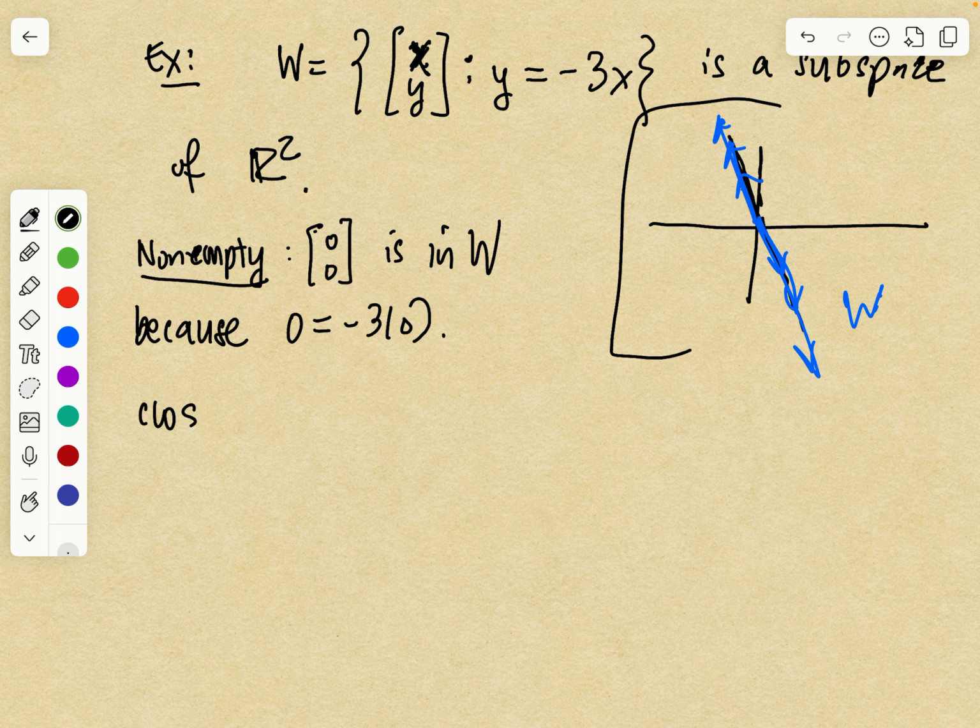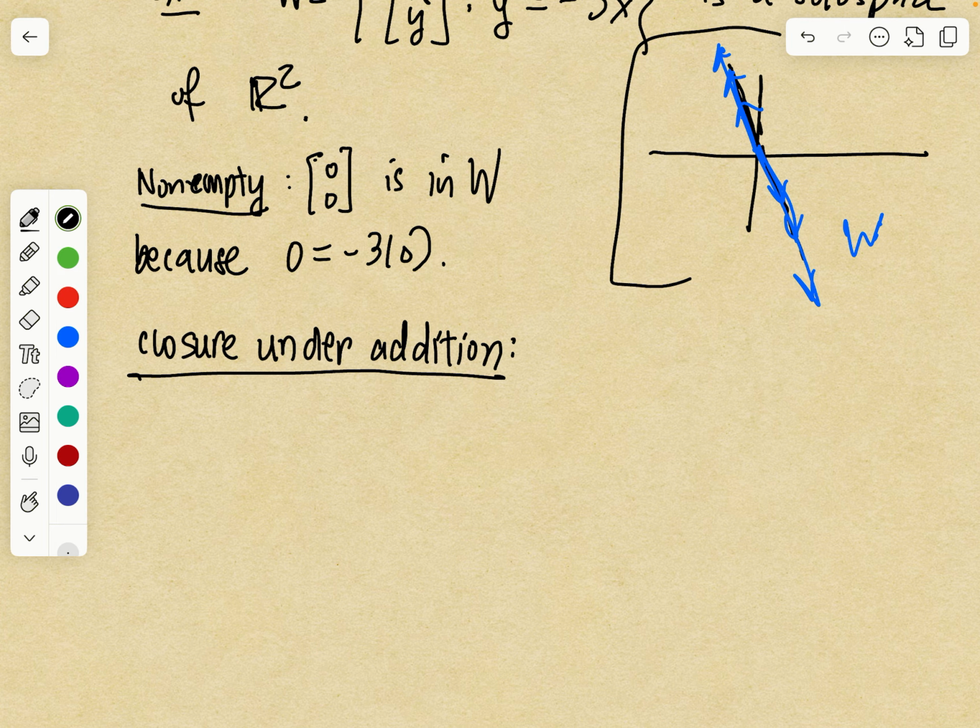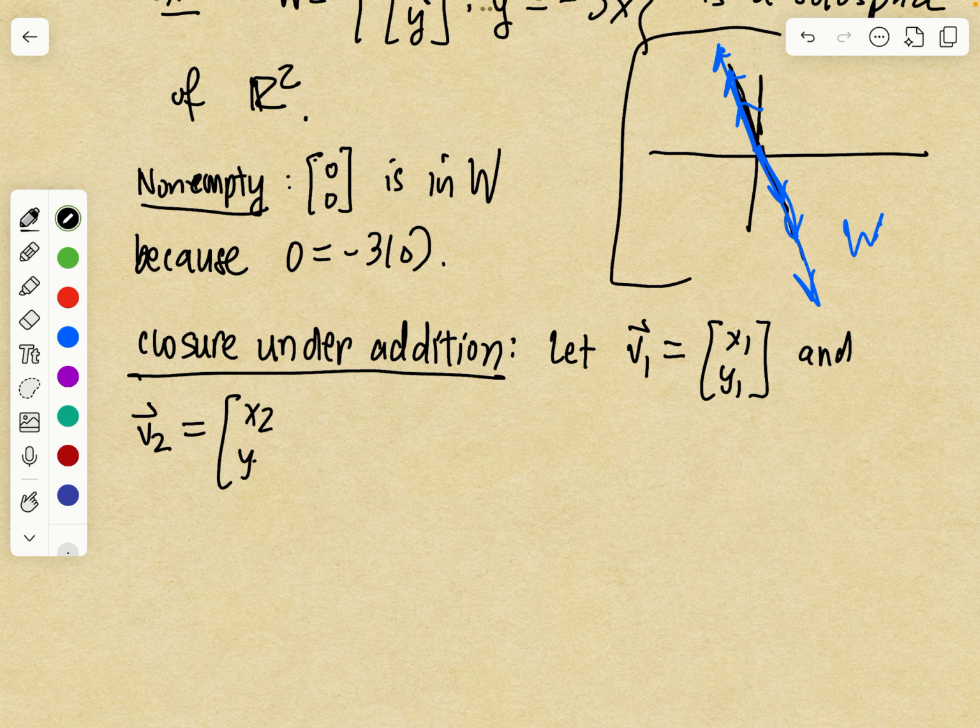Now the next thing we need is closure under addition, which means that whenever you add two vectors in W, the result is also in W. Since W consists of infinitely many vectors, it's not possible to literally add all the possible vectors in W together and check that they're all in W. So let's say that V1 is a vector in W, and V2 is a vector in W, and I'm using x1, y1 and x2, y2 as the components.